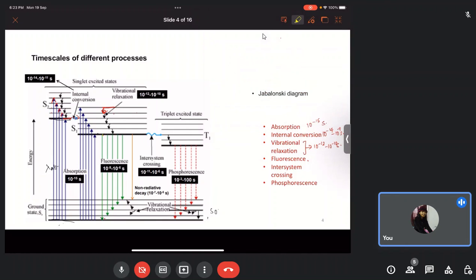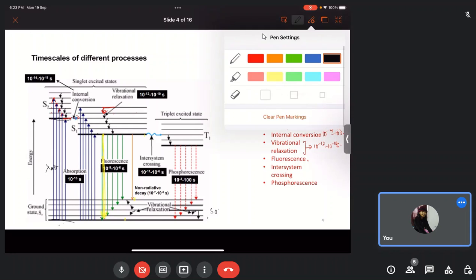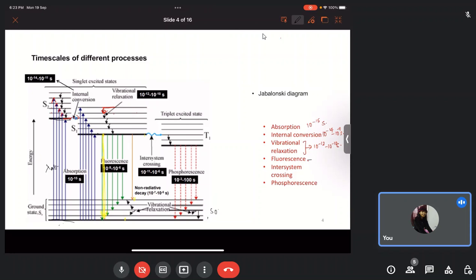I'm just tracing over these green arrows. It goes from the lowest vibrational energy level of the first excited state to any vibrational level in the ground state. This happens over a time scale of 10 to the power minus 9 to 10 to the power minus 6 seconds.